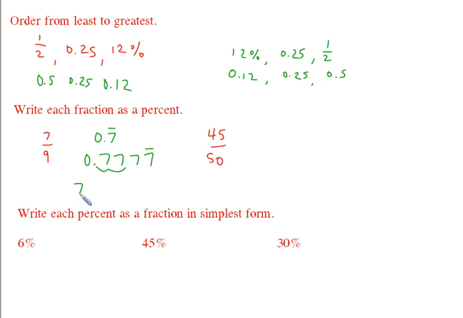So it's going to be 77.7 repeating percent. Now, if you were asked to round to the tenths, like I said before, you would see here this would be the 7. But if I wanted to round to the tenths, I'd have to round this up to 77.8%.